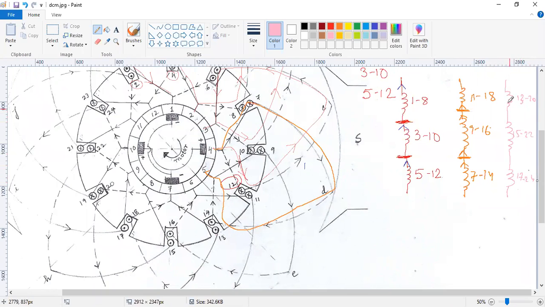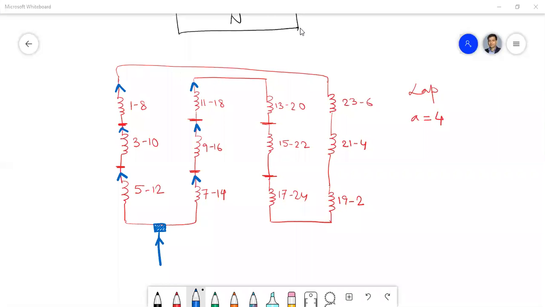So here also the current direction will be upward, isn't it? Is it okay now? Everybody agrees that? Yes, sir. Here also the current is in upward direction.